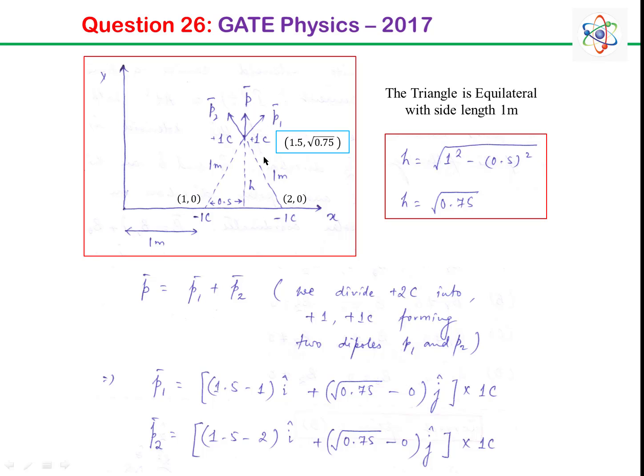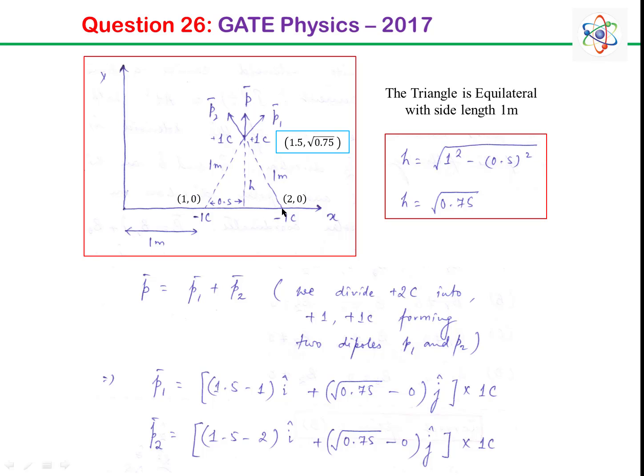So P1 will be given as the length vector multiplied by the charge, which is 1 coulomb, and P2 will be given by the length vector multiplied by the charge, which is again 1 coulomb. Now the length vector can be found out by subtracting the initial point from the final point.